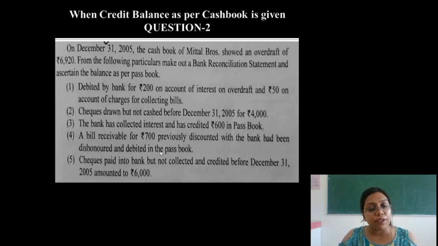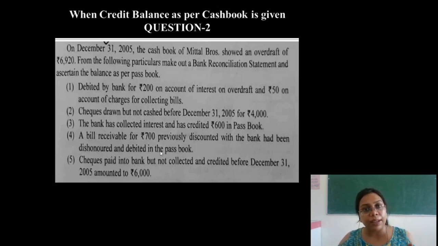So a bill I received was previously discounted by the bank for rupees 700, but that bill has been dishonored and it has been deducted from my passbook.